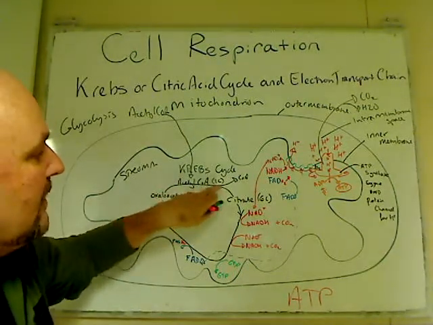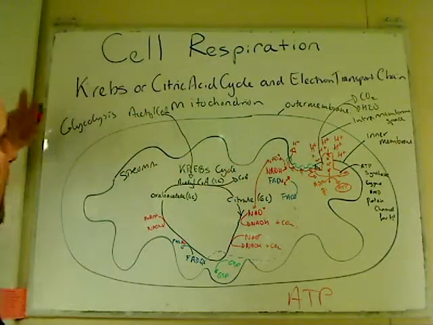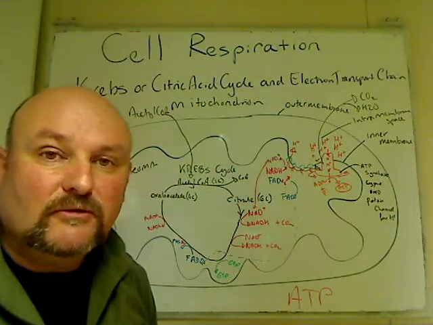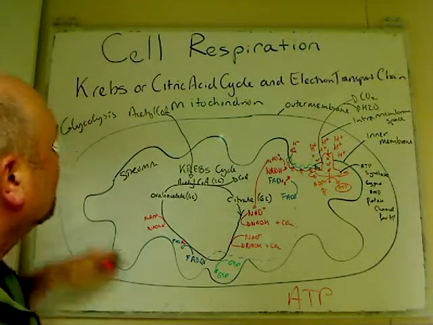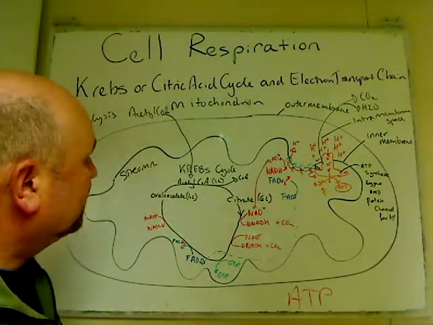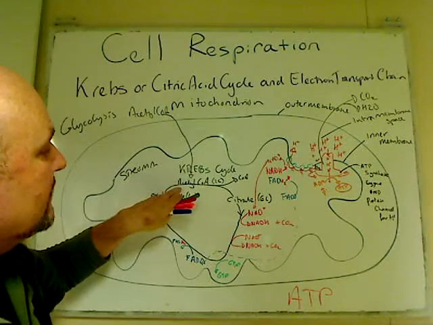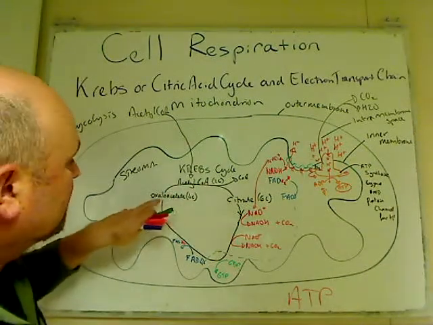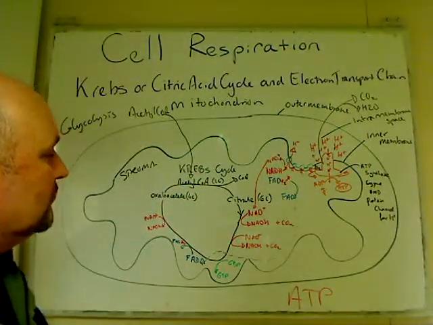The coenzyme A is lost and then cycles back to go and grab another acetyl group, and that leaves the acetyl group, the 2-carbon part, attaching to the 4-carbon part.